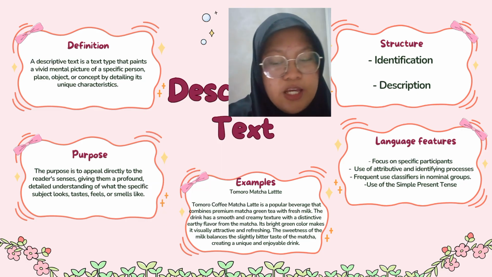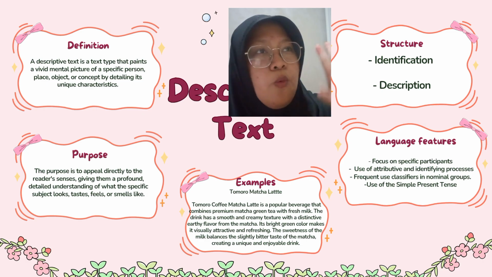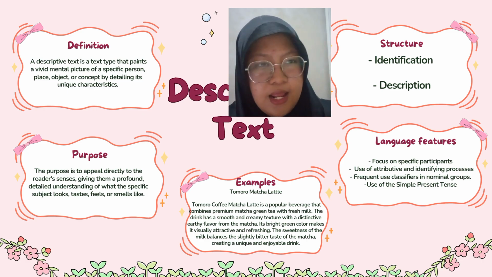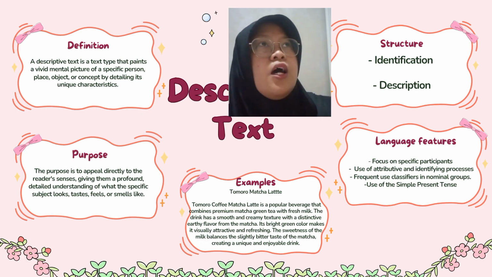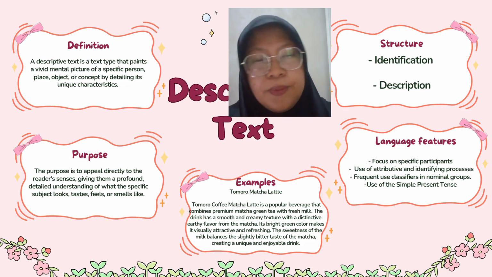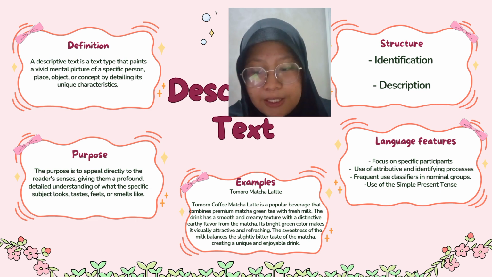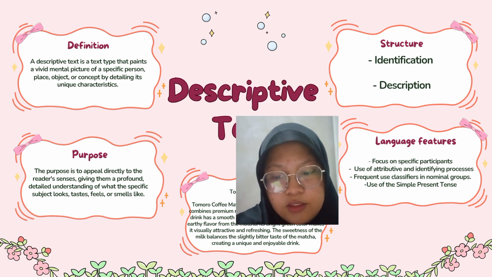The structure of the text is first identification, which is identifying what you want to describe, and then description, which is how the text describes the thing. For the example here, I have in the mind map Tomorrow matcha latte. And then the other one is language features.